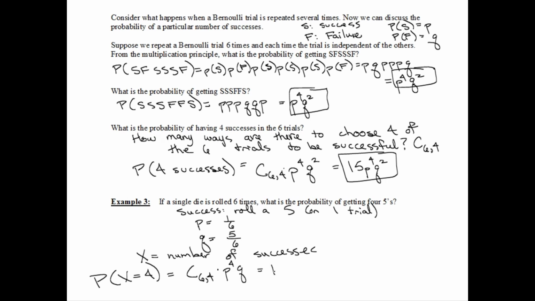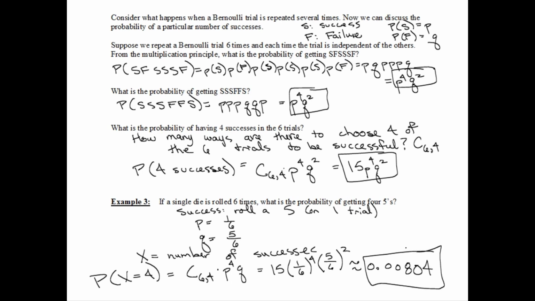So we end up with 15 times 1/6 to the 4th times 5/6 squared, which is approximately 0.00804. That's the probability of getting 4 successes in 6 trials.